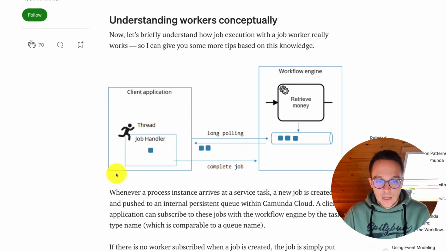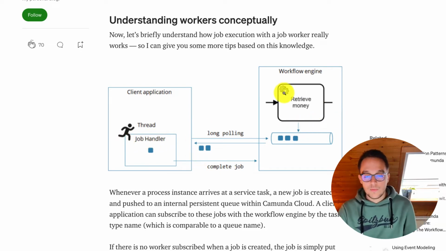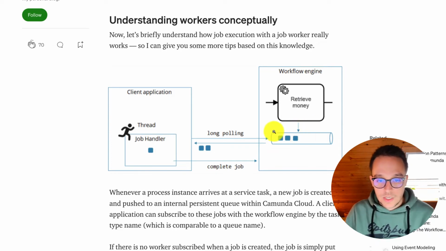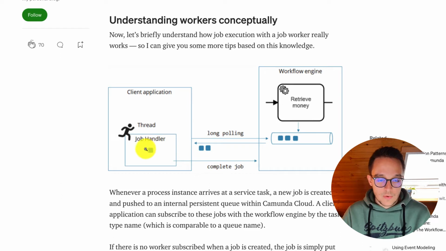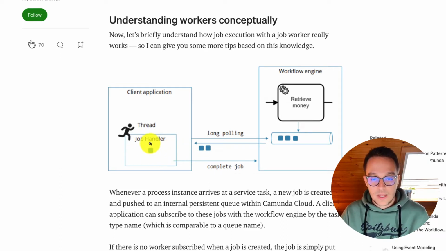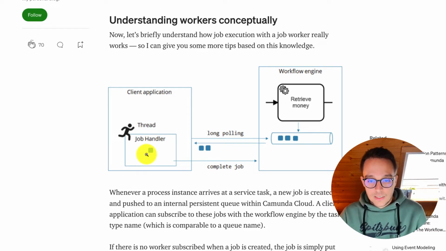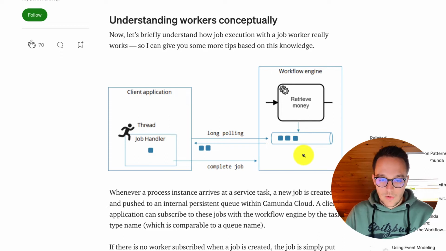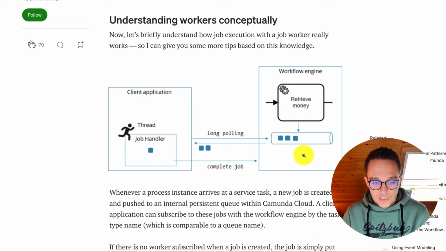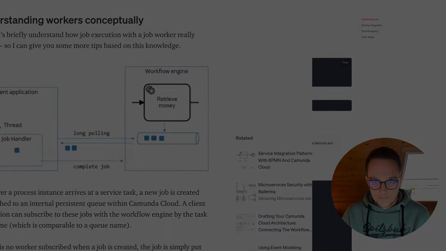And this client application is now simply pulling from the workflow engine's API from this queue and fetches one or multiple tasks, which are then handled by our little job handler down here. And of course, once they are completed, we do provide all the results back to our workflow engine. And that's what we are going to do as a next step in Java together with Spring Boot.